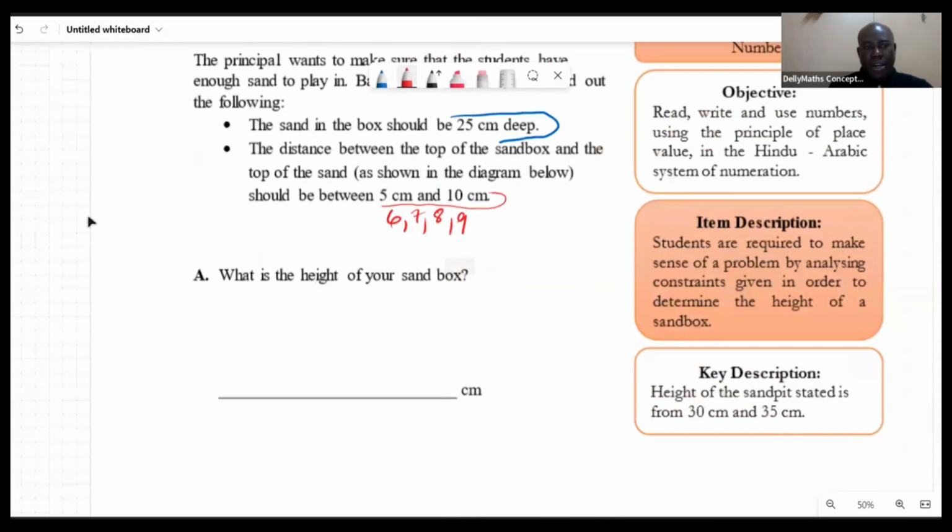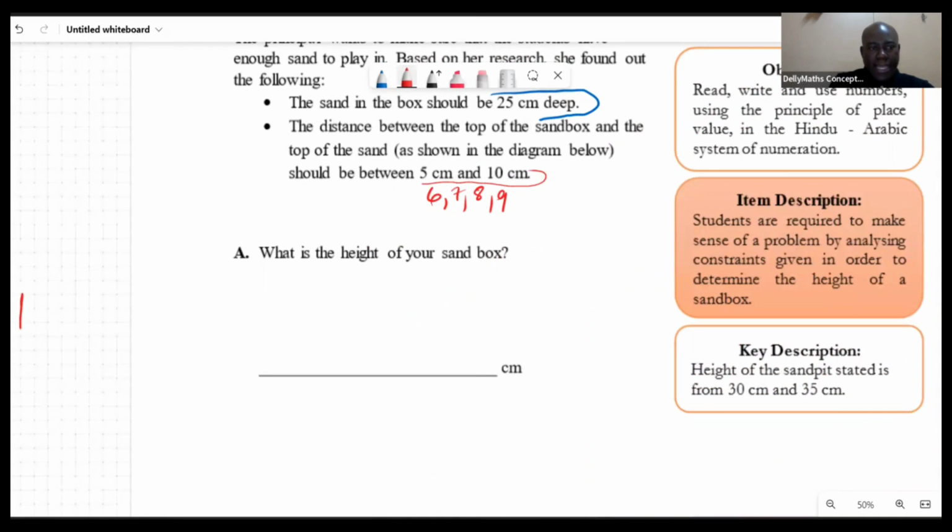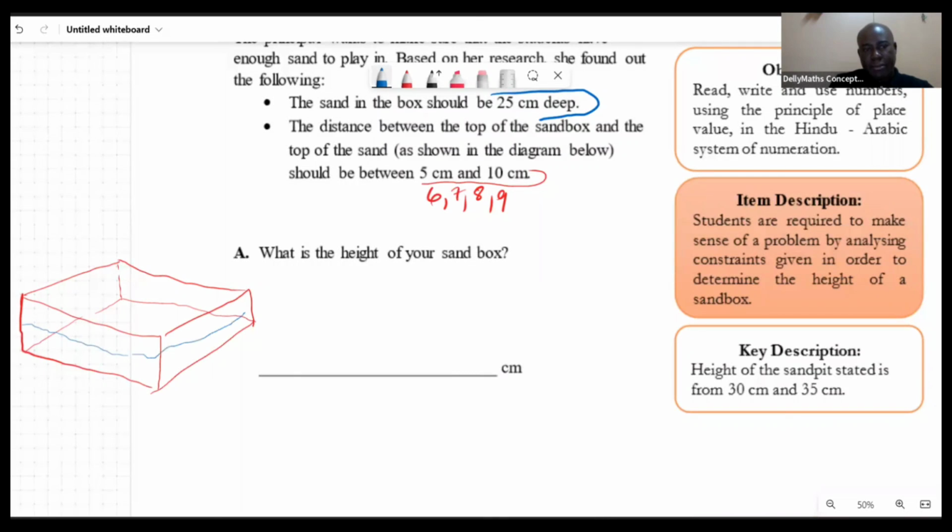So if you want to have a quick visual, if this is our sandbox, right? Let us say that I'm just doing a quick representation of the box, the sandbox. So that's our sandbox. So let us say that the sand in the box would have been this. So the blue lines that I'm drawing now would represent the sand.